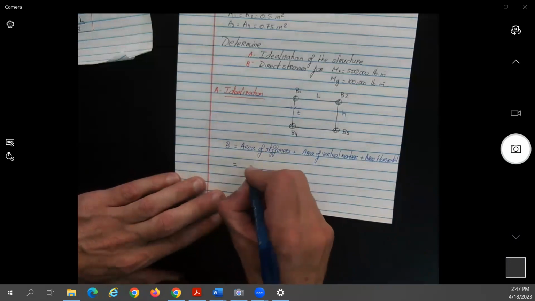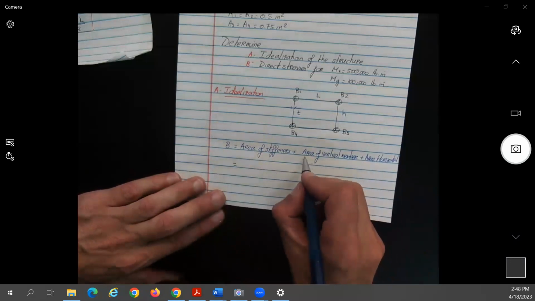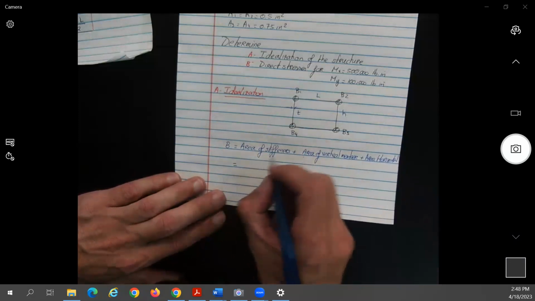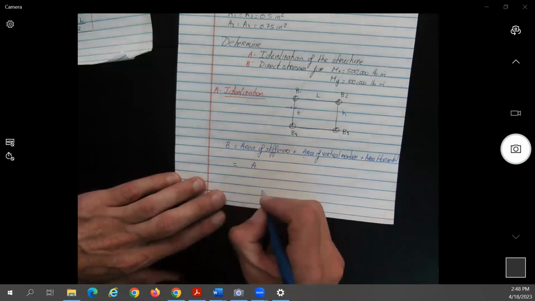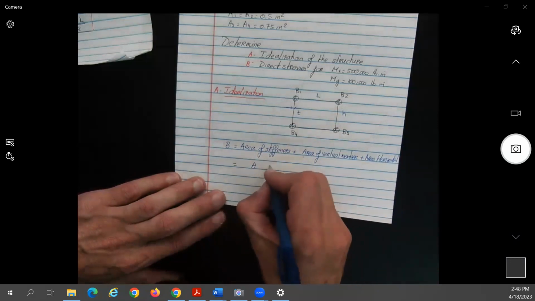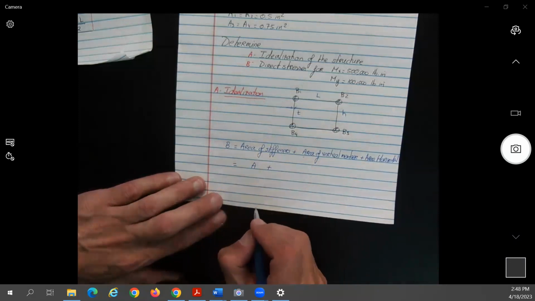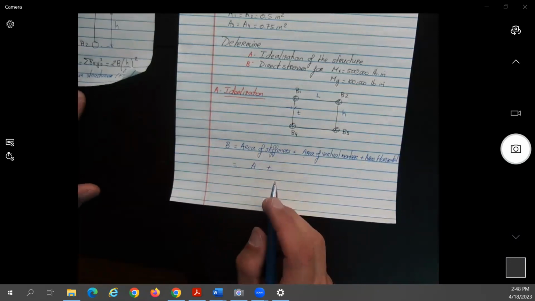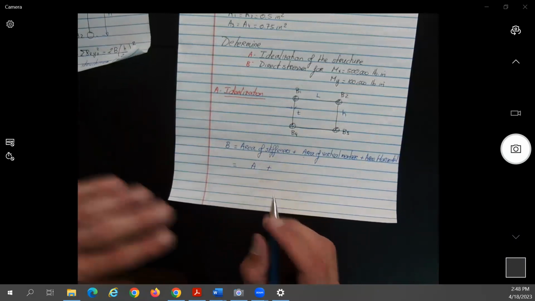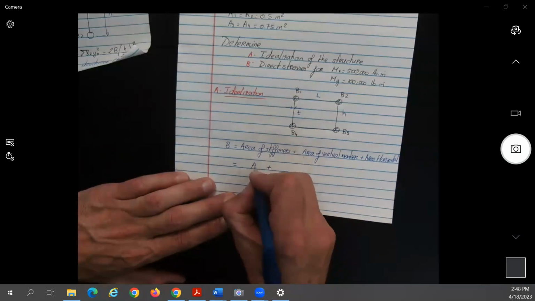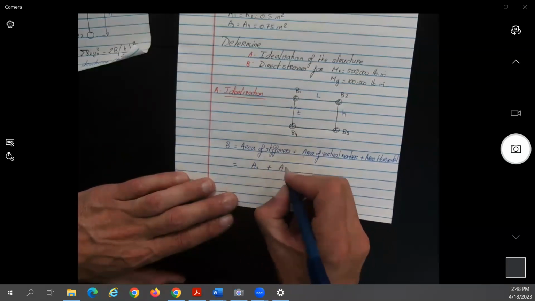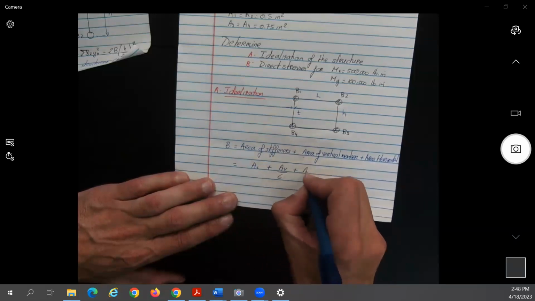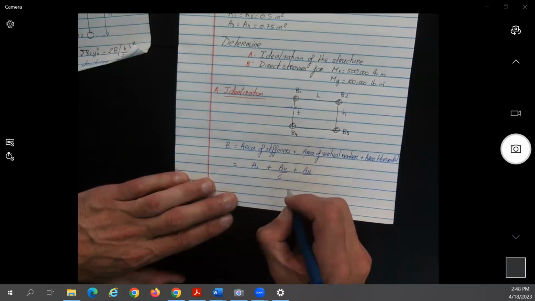So basically it should be equal to the A stiffeners, plus the area of the vertical members over 6, plus the area of the horizontal members over 2.